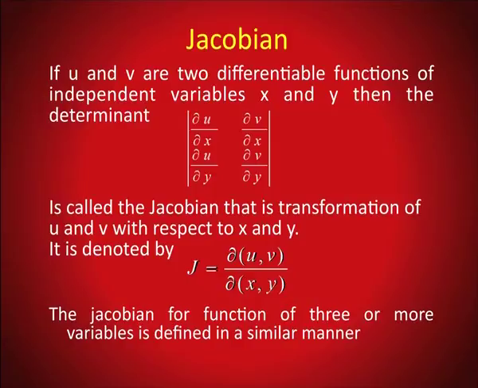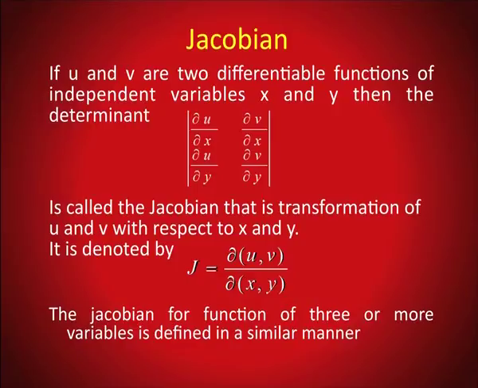In the determinant, we put ∂u/∂x and ∂v/∂x in the first row and ∂u/∂y, ∂v/∂y in the second row, and find the value of the determinant. It is called the Jacobian. That is also the transformation of u and v with respect to x and y. It is represented by J, and it is also represented as ∂(u,v)/∂(x,y).